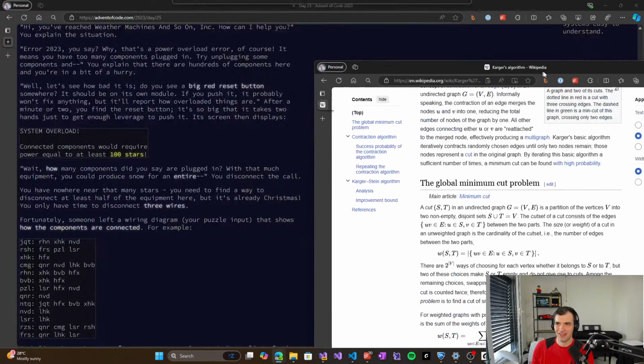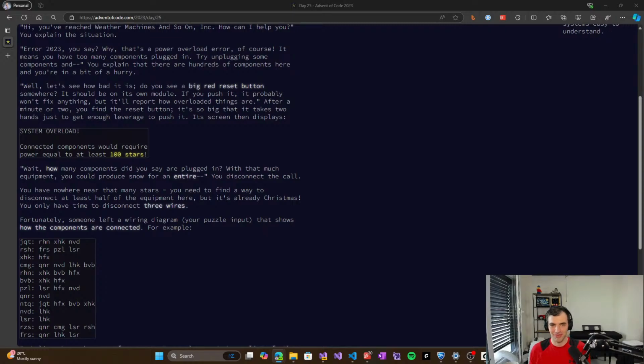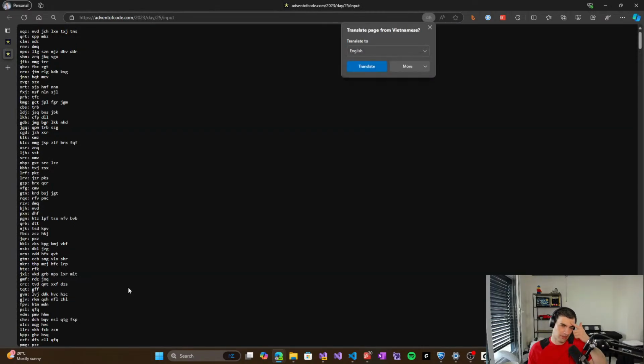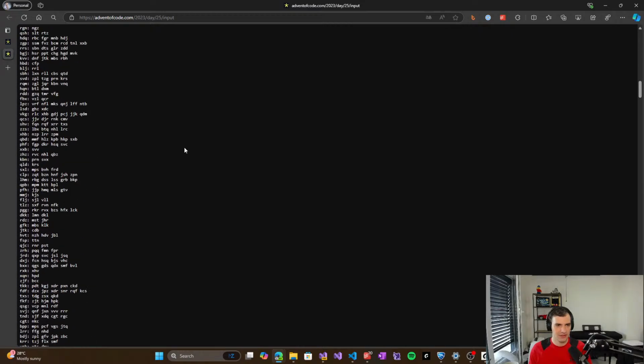Another solution is visualization, because there are different graphing softwares that can do this. Basically, you feed it nodes and edges, and it will visualize that graph, and then when you see it, you will very easily find the right edges to be cut to actually break up into those two components, because apparently the main input, not the small one, but the main input of the problem is very saturated.